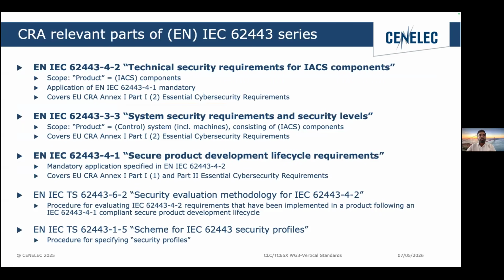If you take the relevant CRA parts of the IEC 4 series, 4-2 is for the technical requirements for the IEC components. The scope of the product is components. And 4-1, of course, we apply for the security development lifecycle. And 3-3 is for the system requirements at system level. And 4-1, secure development lifecycle requirements. And 6-2, we need for security evaluation of the 4-2, because CRA is not only requirements, but also testing.